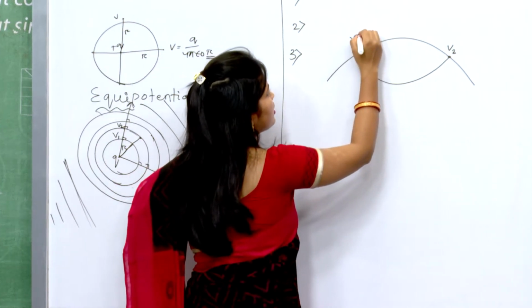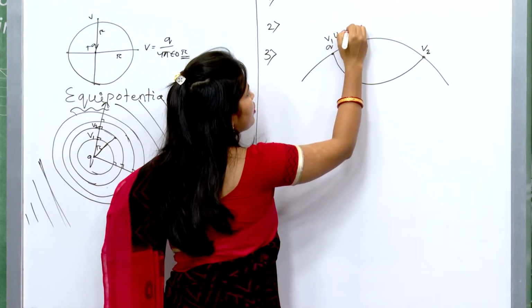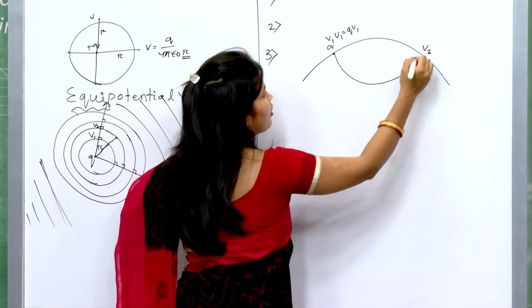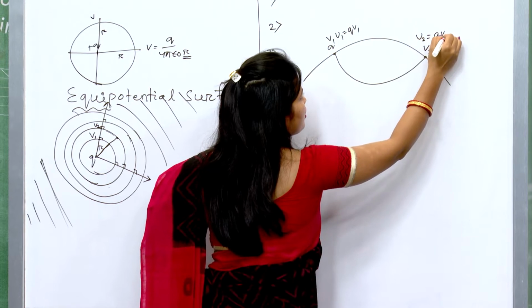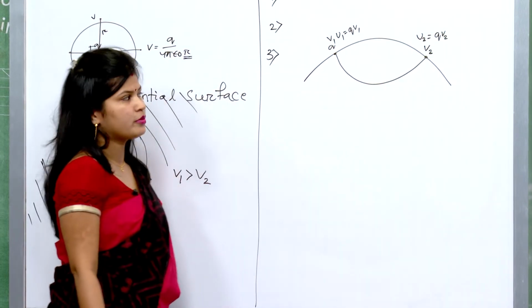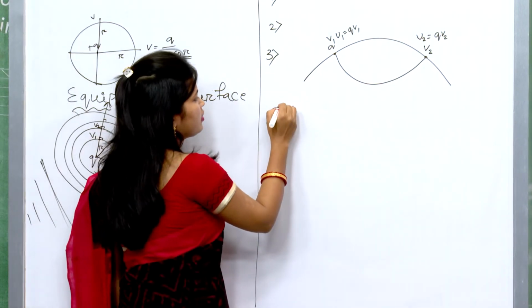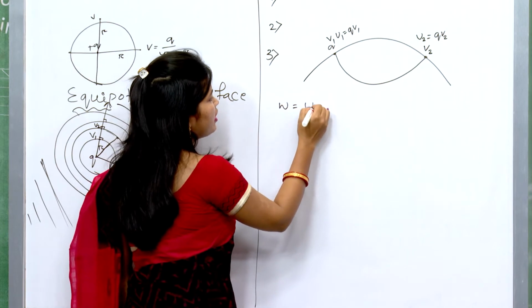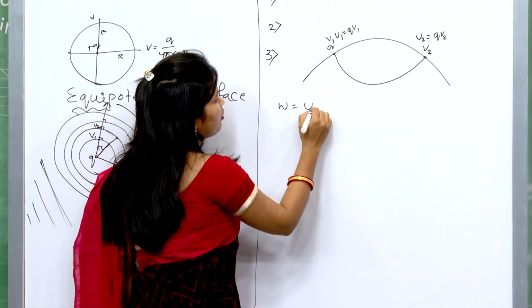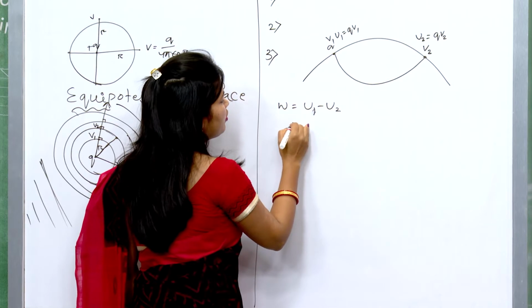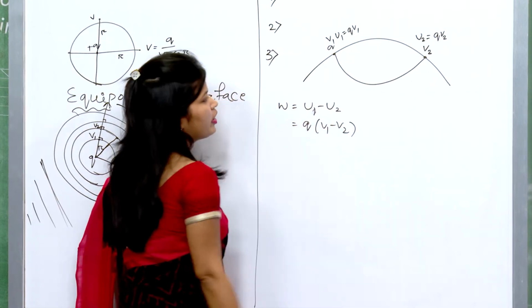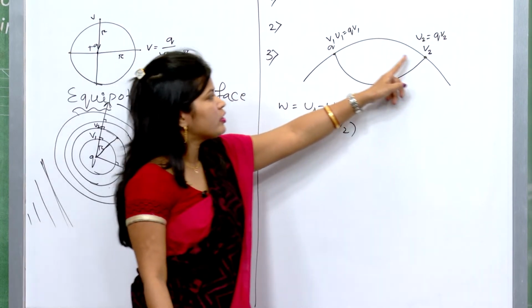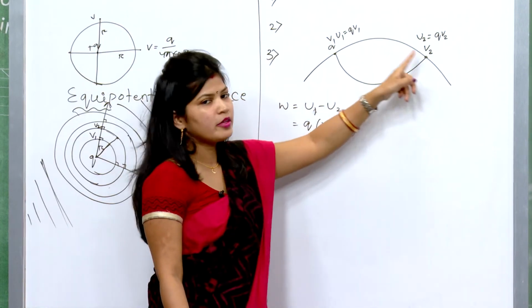Here energy U1 is equal to q into V1, energy U2 is equal to q into V2. So, work done is change in energy, that is U1 minus U2 is equal to q into V1 minus V2, and we know on equipotential surface potential is same.